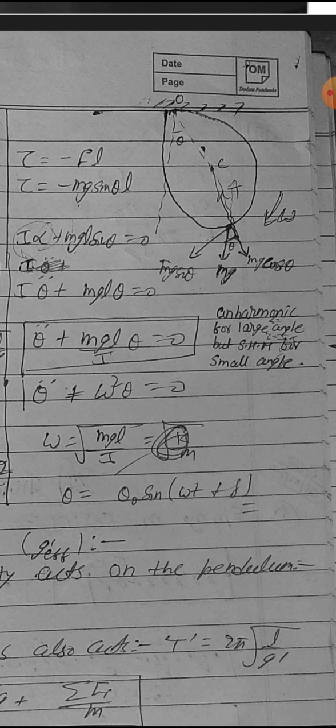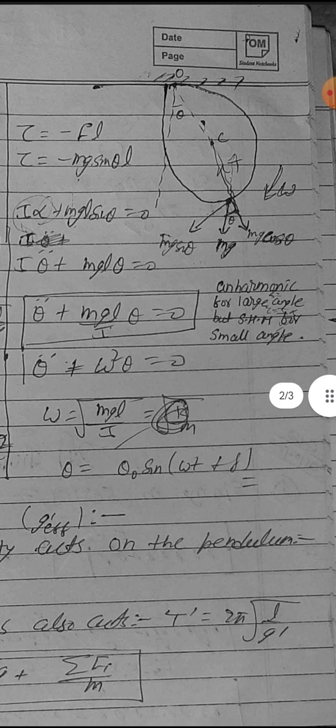right? So here one point is pivoted, and if the entire mass is m, then mg cos theta is once again balanced by tension, and mg sin theta is responsible for SHM. So this force is acting, and there is a perpendicular distance of L. So torque will act.